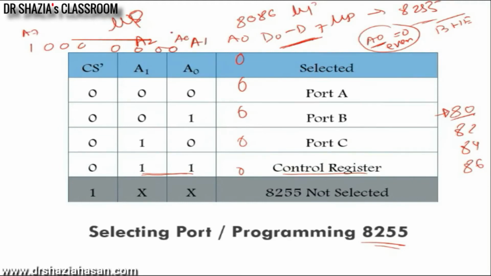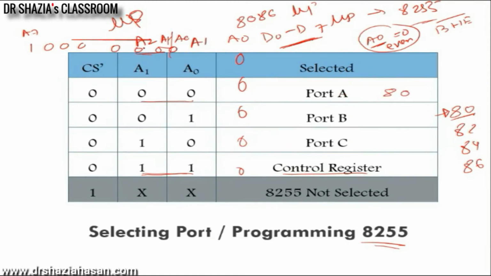Now A0 cannot be used, because A0 will be used for enabling the even bank. So the next available address lines will be A1 and A2 of the microprocessor, which will be connected to these two lines of 8255. When these two lines go 00, port A is selected. So the actual address generated for port A will be 80.